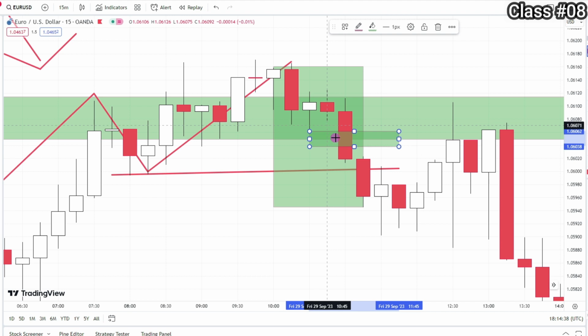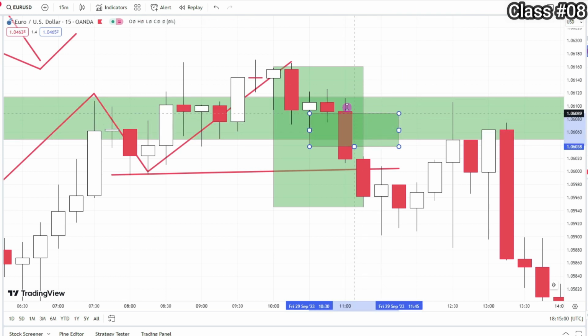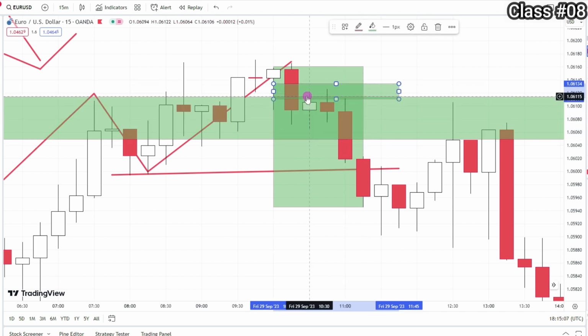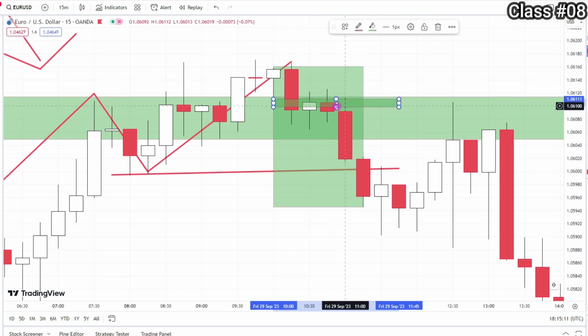Why? Because this is the first, second and third candle. So this is a gap between two candles, and only one body of this candle is present. So it means that this wick and this wick are not meeting. So it means that this is the imbalance zone. If I go upside, here you can see that there's no imbalance zone because there are a lot of wicks in this zone, okay.